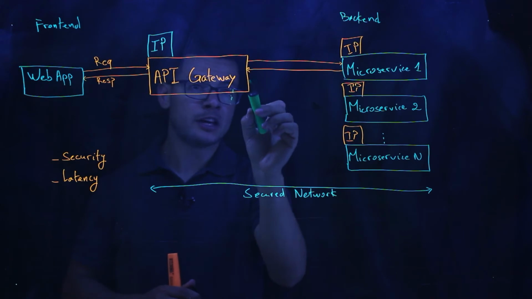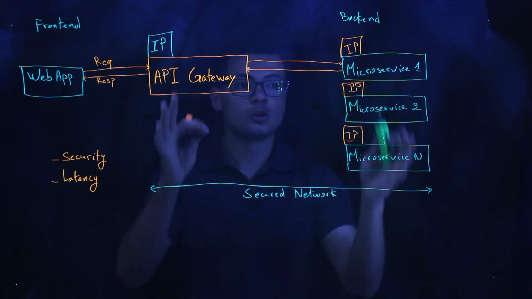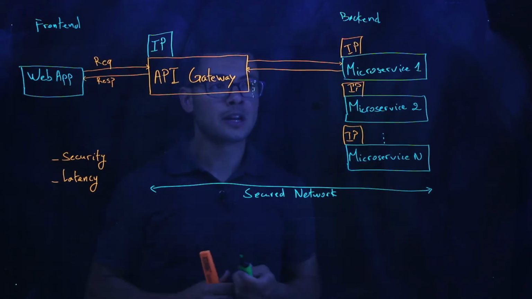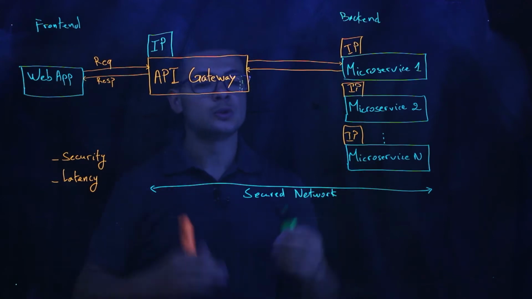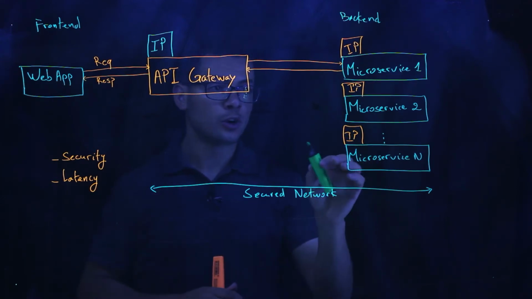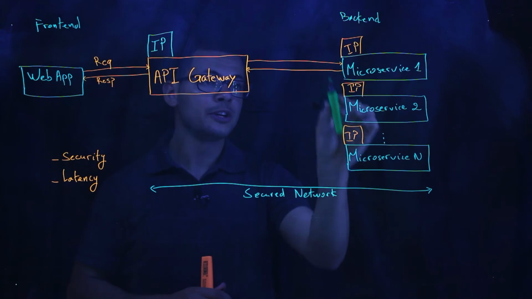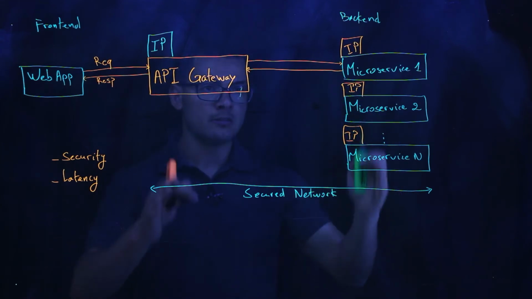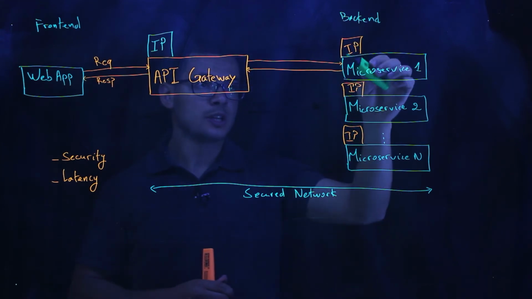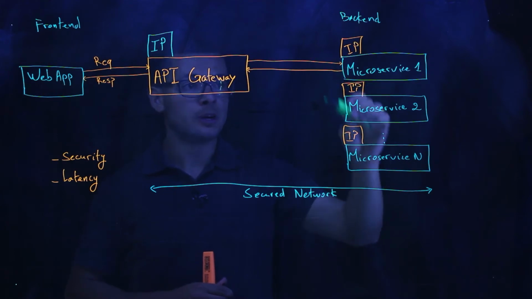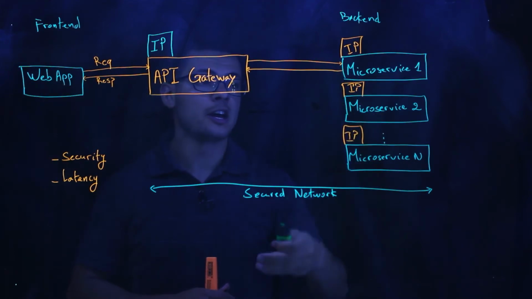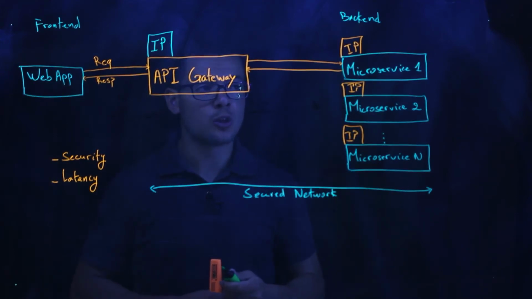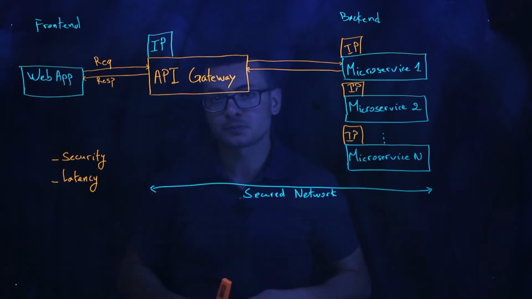And now the API gateway and those microservices could live inside the same platform, or they could use a shared network infrastructure in order to communicate together in a private network. So those IP addresses will be private, and then they are not accessible to the public internet.